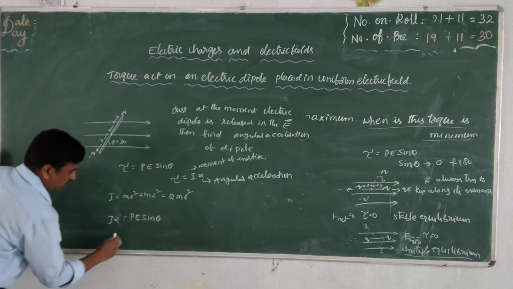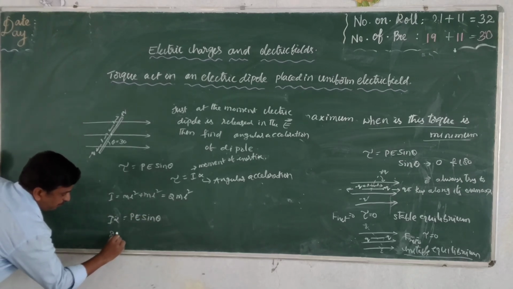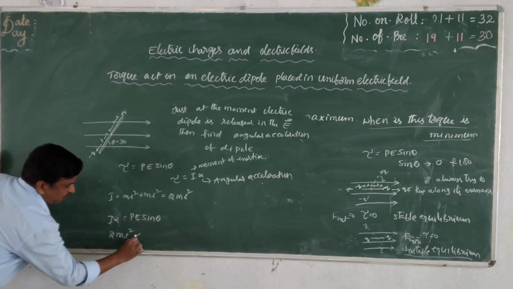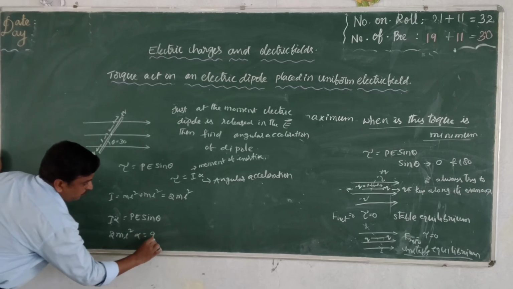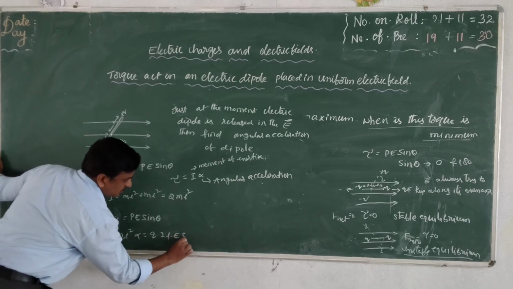I means what? 2ml square, and alpha, that equals P, which means Q into 2L, into E sin theta.